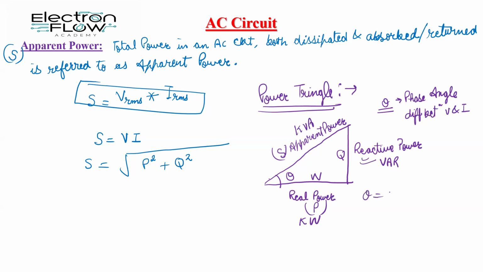So if theta is equal to 0, then P is equal to VI, or P is equal to S. In the case of theta equal to 0, the reactive power is also 0.